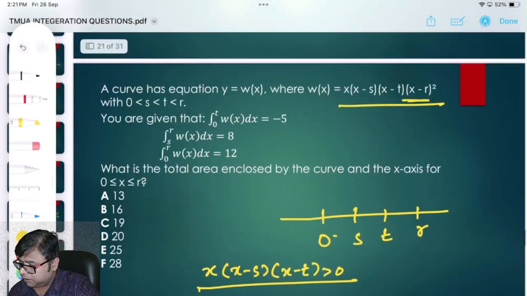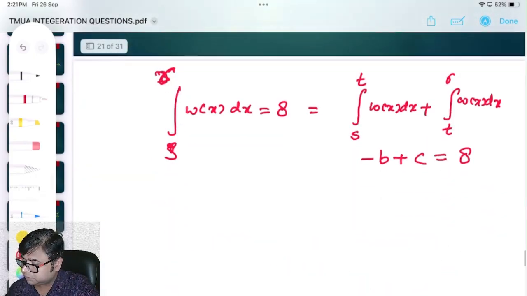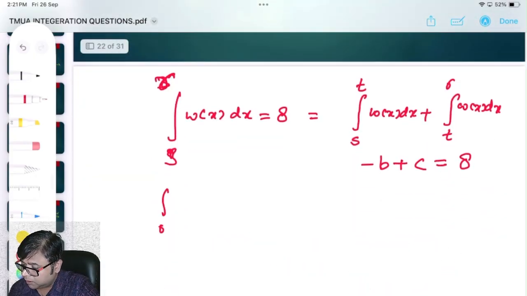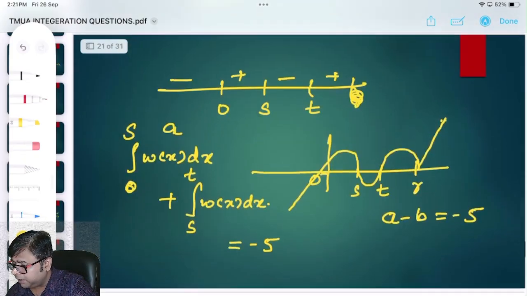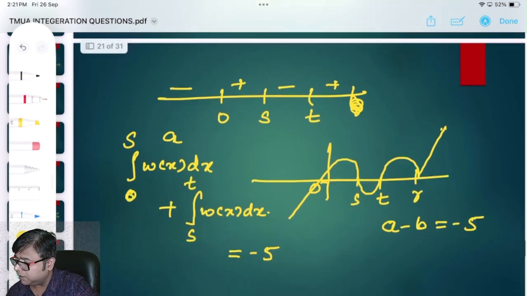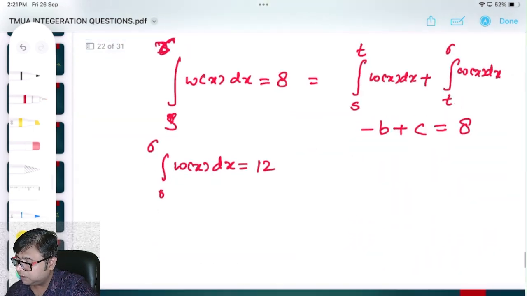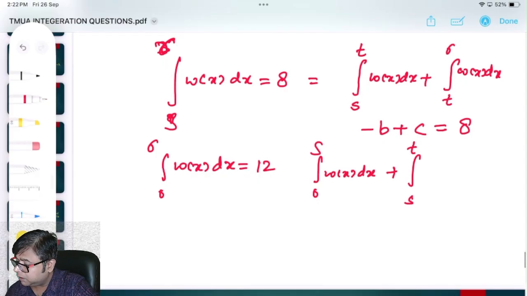Then there is one last one, which is 0 to r wx dx, given as 12. From 0 to r we have three intervals: 0 to S, S to T, T to R. So 0 to s wx dx plus s to t wx dx plus t to r wx dx.